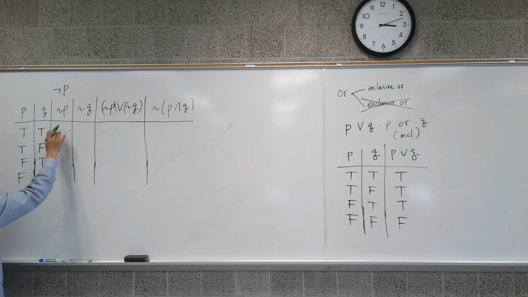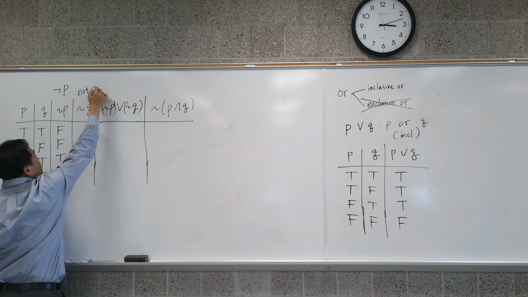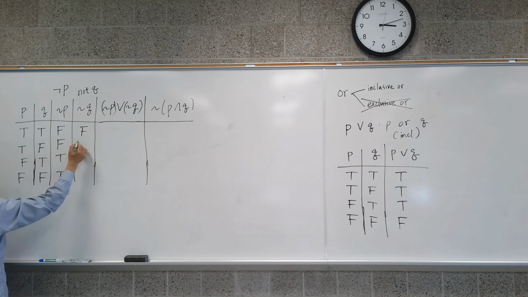Not P would be just the opposite of all this: TTFF becomes FFTT. Not Q would mean not T would be false, then true, false, true.